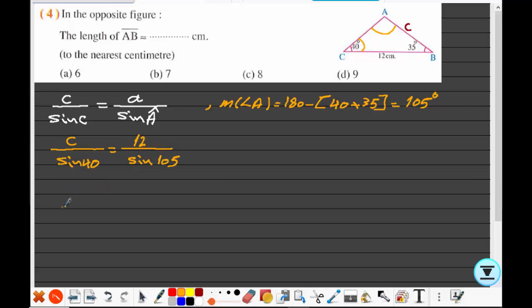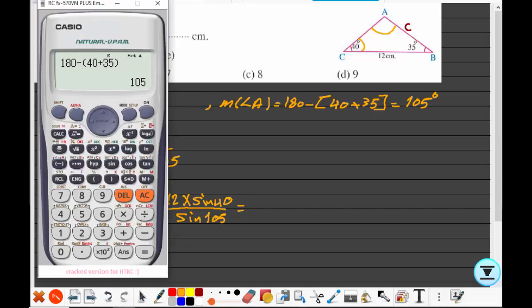Now c, which equals AB, the length of AB, by cross multiplication equals 12 multiplied by sine 40 all over sine 105.